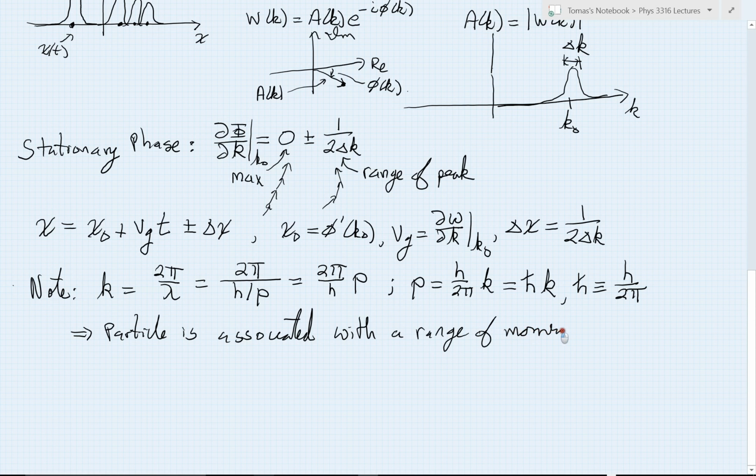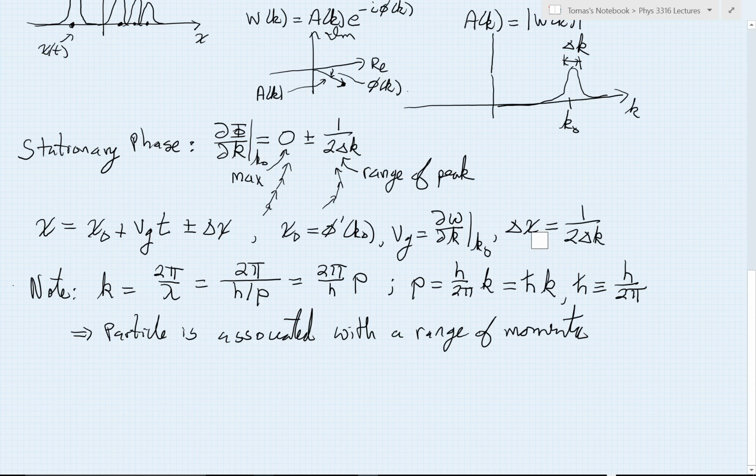Now, hopefully, we can make it small because we're not used to our particles in classical physics having a range of momenta. They just have one momentum. But notice we can't make it too small because if I make this peak too narrow, delta k would become 0, and if delta k goes to 0, that means my wave packet is rather wide, right?